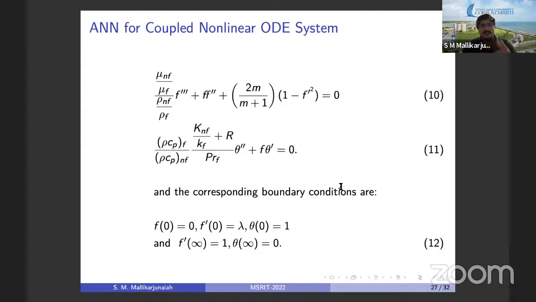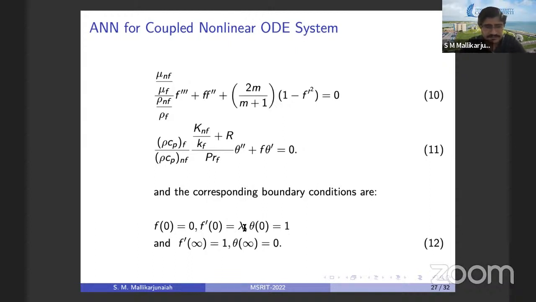Now if you carefully look, equation 10 is actually a third order nonlinear ODE, but it does not have the temperature variable. So that means you can solve 10 uniquely, meaning you can come up with a loss function for 10, like the way I showed before. You can also use the boundary loss. In the boundary loss, you have f prime 0 equal to some lambda, which is a known constant parameter.